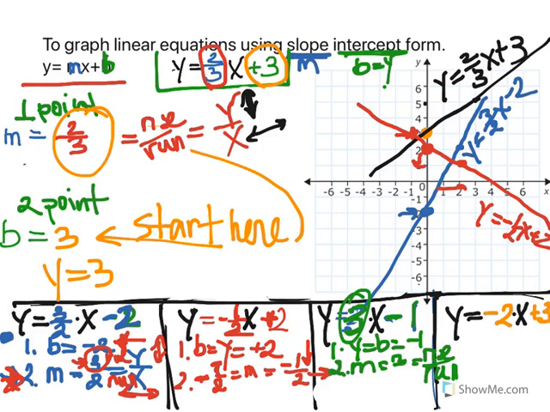So where I see the rise, where's the run? Well, put it over 1, and here is your 3 over 1. Both rise and run are positive, so we're going to go 3 units up and 1 unit to the right. Okay, let's graph it.